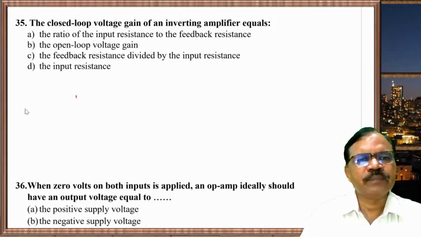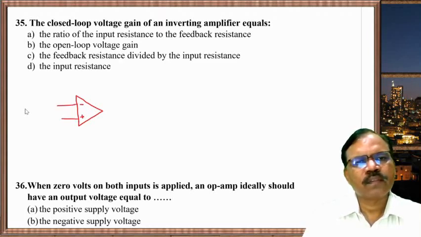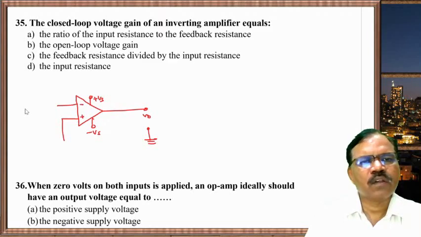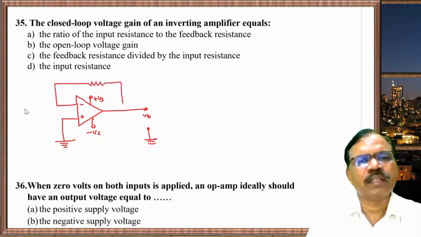Now if we see inverting amplifier, these are two terminals, these are supply voltage terminals, plus Vs minus Vs, and this is output terminal V0. So here non-inverting terminal is connected to ground and feedback is given to inverting terminal and feedback resistance is Rf.